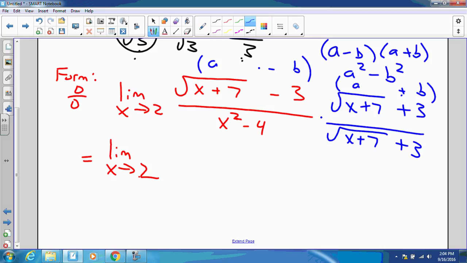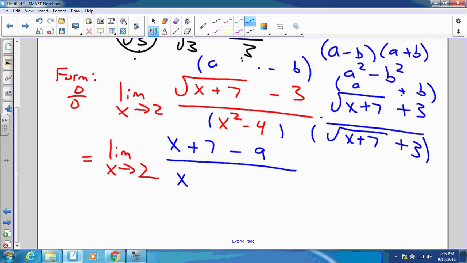And when we do, look at what we get. We get a squared, the square root of x plus 7 squared is x plus 7. Minus b squared is 9. And all of that down here is x squared minus 4 times root x plus 7 plus 3.